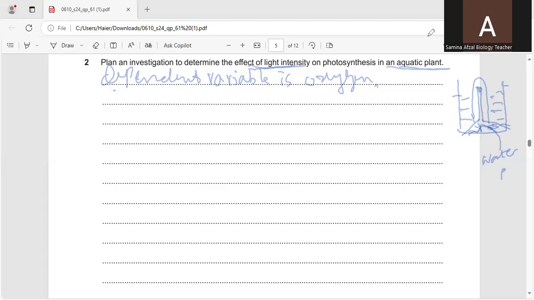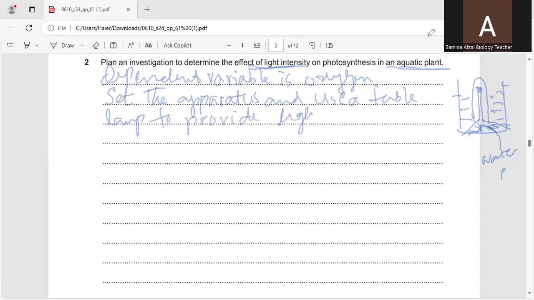You will set the apparatus and use a table lamp to provide light.